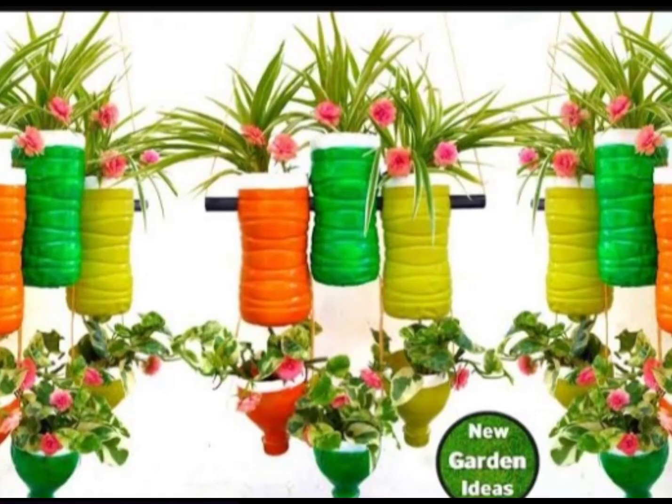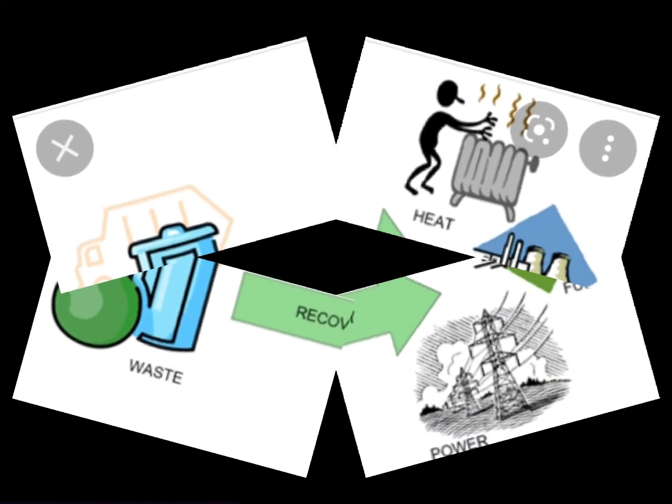Next, we have recycle. It is turning materials into their raw form and usually into new products. So example, there is a mineral water bottle and transfer it into a flower pot. So the picture shows it as recycle. And next we have recover.